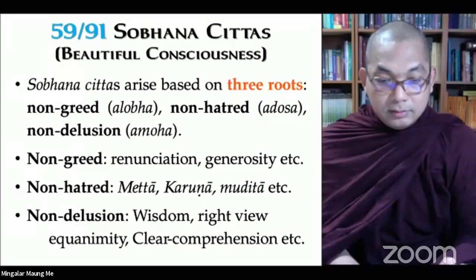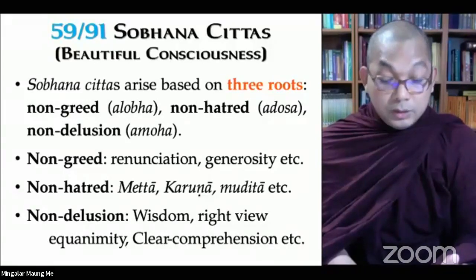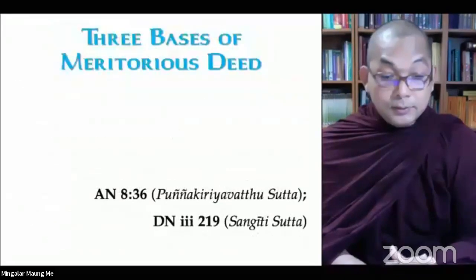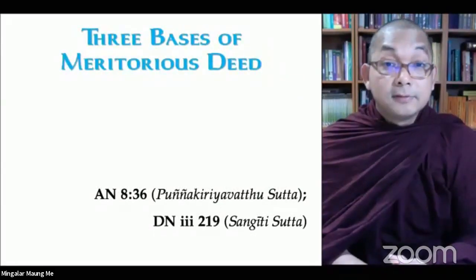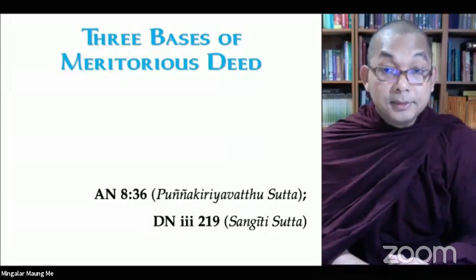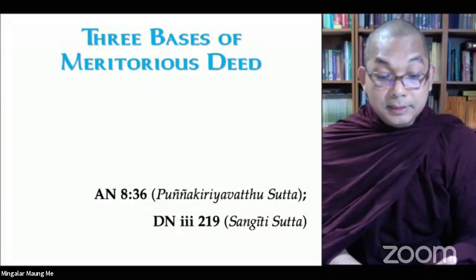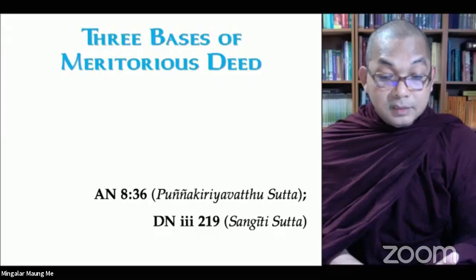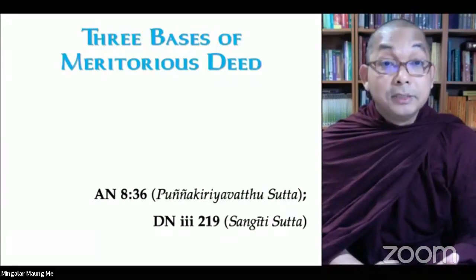I think before we talk about beautiful Chaitas, beautiful consciousness, I want to explain different types of good deed in Buddhism. So in the Punya Kriya Vatu Sutta in the Digha Nikaya, the Buddha talks about three types of good deed that we can do.